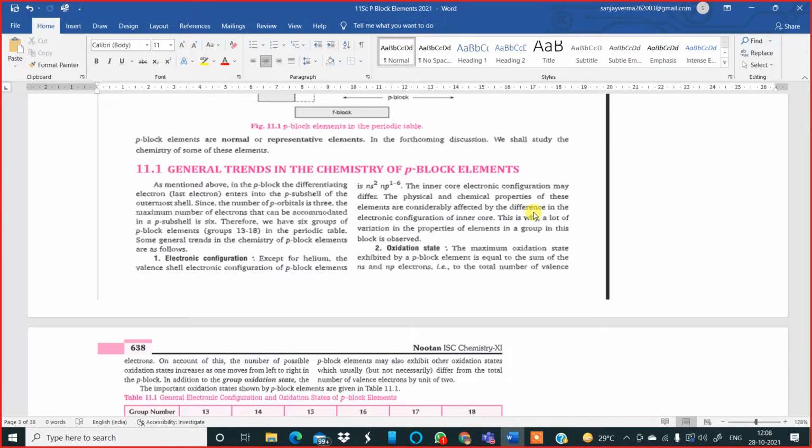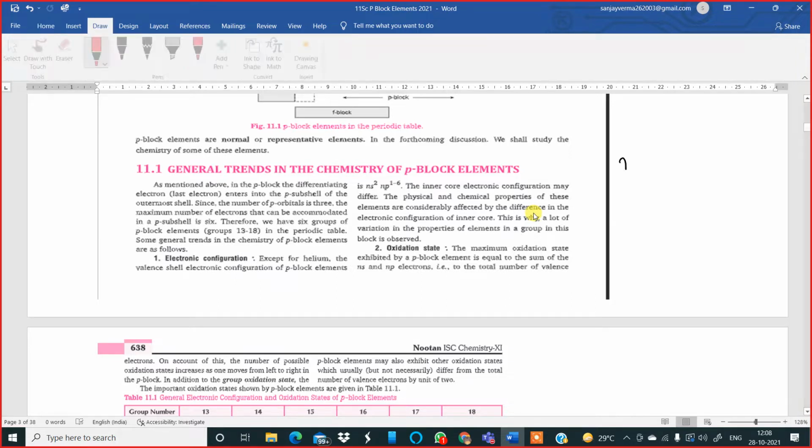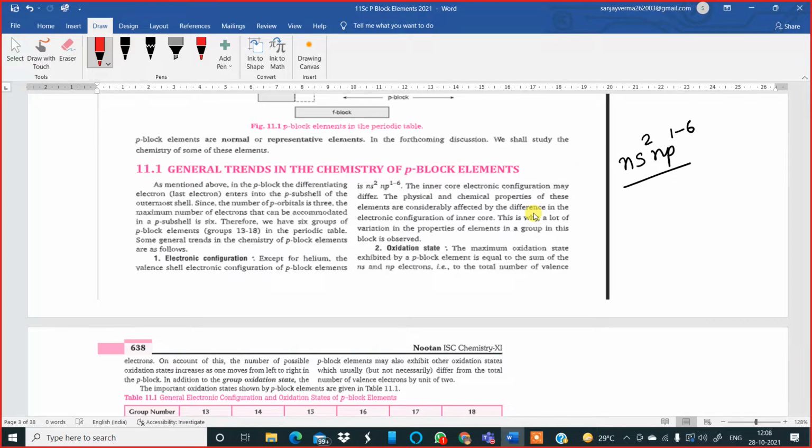The ns has 2 electrons completely filled, and the p orbital can have 1 to 6 electrons. This is the general electronic configuration of the P block elements in the valence shell.